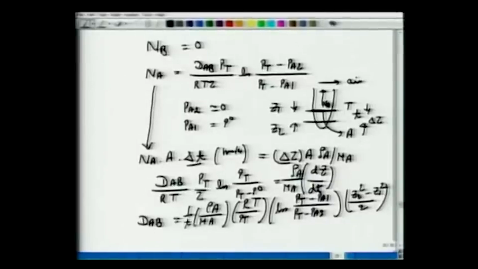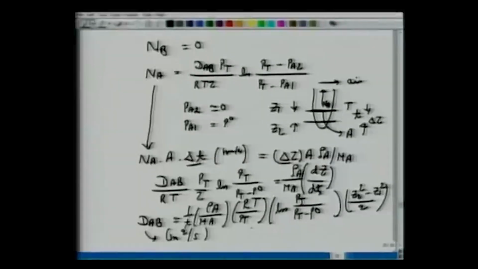So we integrate this dt. Knowing all these quantities, actually we said that PA2 is 0, so we can delete this term. We have Pt minus P0. So now one can get an estimate of the diffusion coefficient of acetone in air.